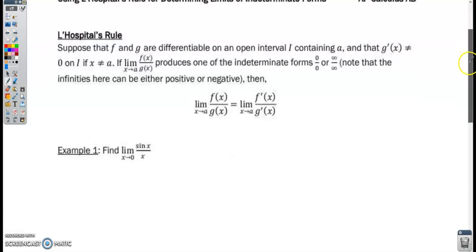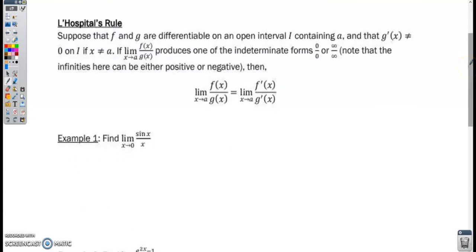So let's take a look at this. We'll look at a bunch of examples here. Example 1: find the limit as x approaches 0 of sine of x over x. First of all, I try to substitute 0 in here, and I see that this is indeed the indeterminate form 0 over 0.